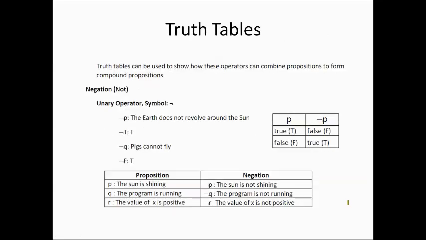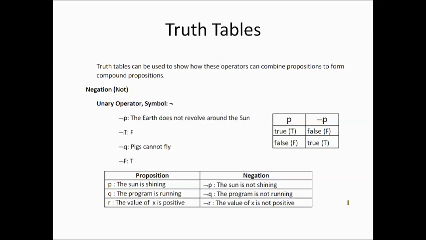Here are some sample propositions for the negation, not. For example, class, the sun is shining. What is the negation of the sun is shining? The sun is not shining, because we use the not.